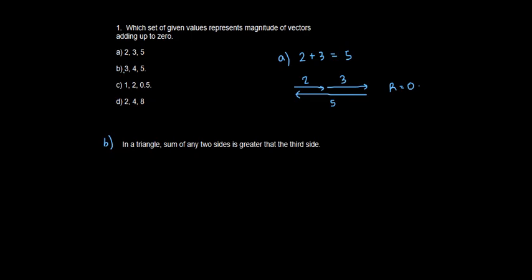So let us check option B. The numbers are 3, 4, 5. We'll pick any two sides. 3 plus 4 is equal to 7, which is greater than 5. 4 plus 5 is equal to 9, which is greater than the third side, that is 3. Lastly, 3 plus 5 is equal to 8, which is greater than 4. So if you take any two sides, its sum is greater than the third side.